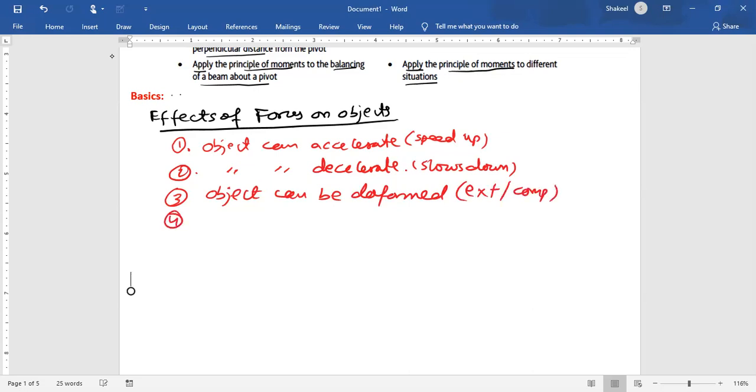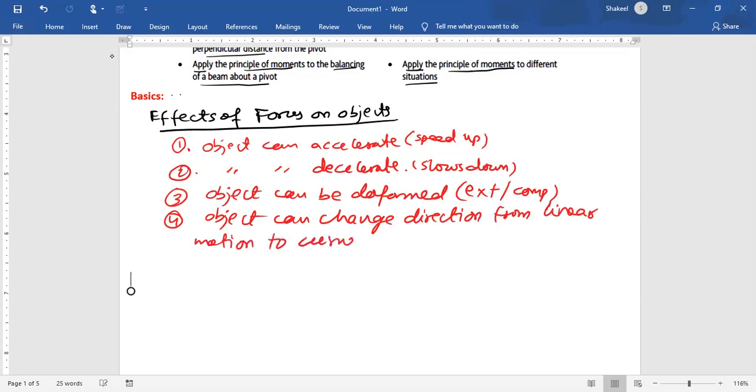Number four is that the object can change direction of motion, from linear motion to curved or circular.